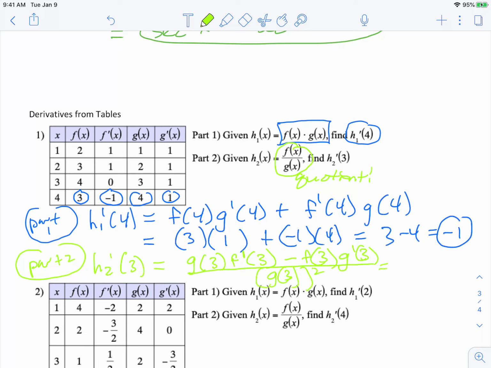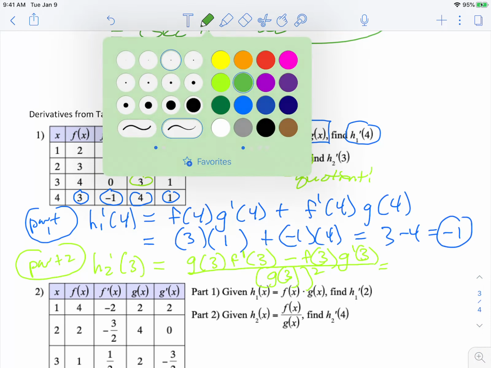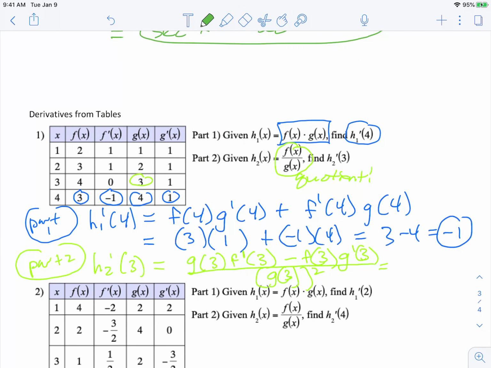Plug in the values. G of 3 is 3. So g of 3 is going to be 3, right there. F prime of 3 is going to be 0, so 3 times 0, minus f of 3, that's going to be 4.